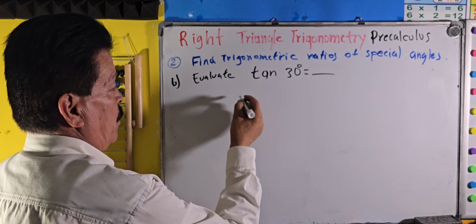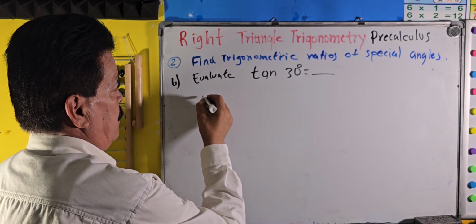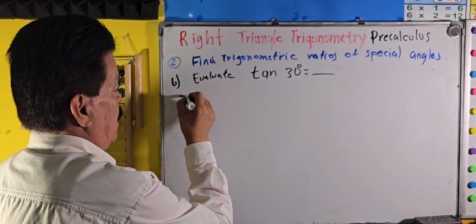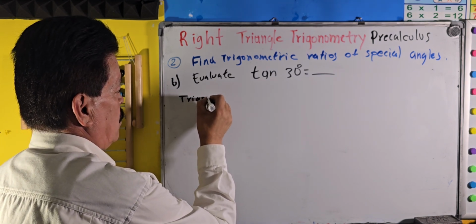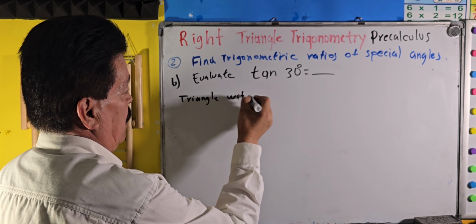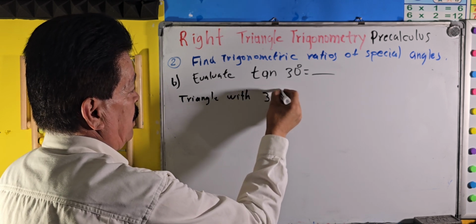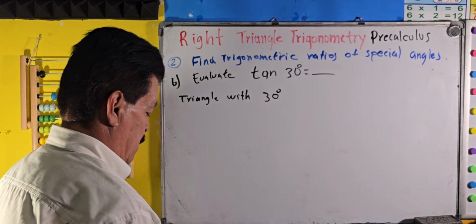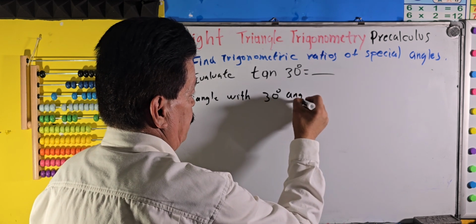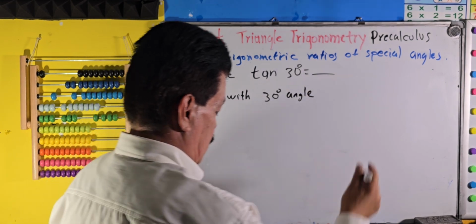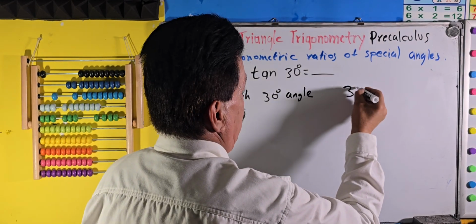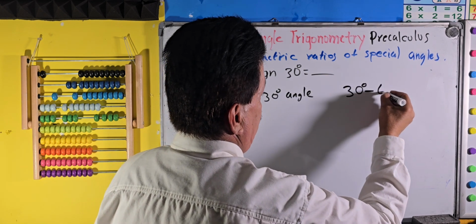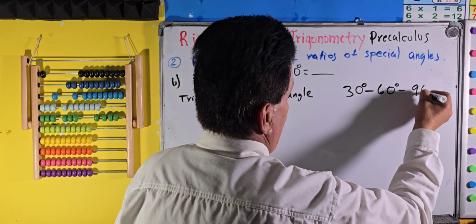We have a triangle with a 30 degree angle. That means this is a special triangle, with 60 and then 90 degrees.